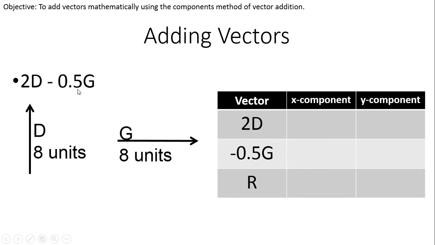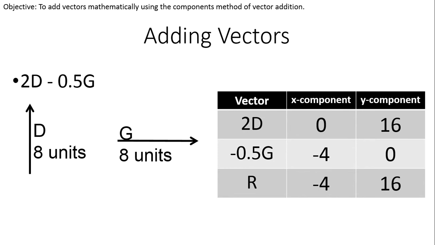This 0.5 times G here just simply means I'm going to go ahead and multiply 8 by 0.5. The negative simply means this vector is now, instead of pointing this direction, it's going to point the opposite direction in the negative direction. So pause the video, see what you get, and compare your answers with mine.